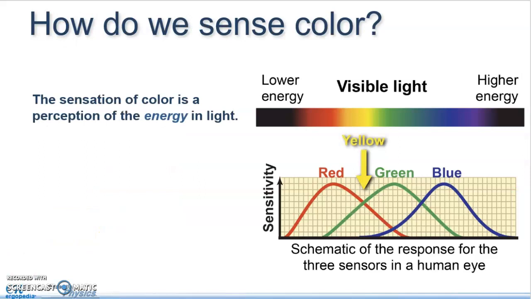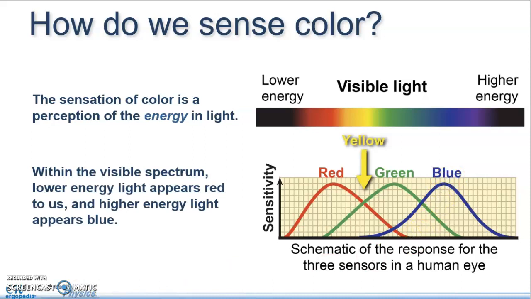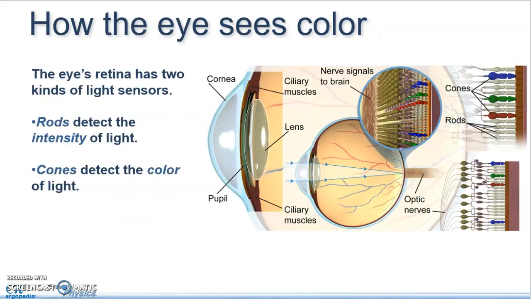All right, so when we sense color, it comes about from the amount of light that we're receiving from a particular source and the different colors of light within that. So if we are perceiving something that's a mixture of red and green, then we're probably going to see yellow, and that's without a lot of blue light in it. So look at the how of that.